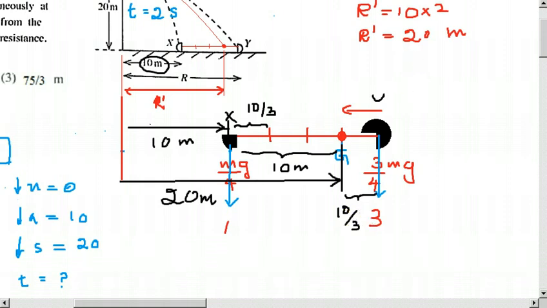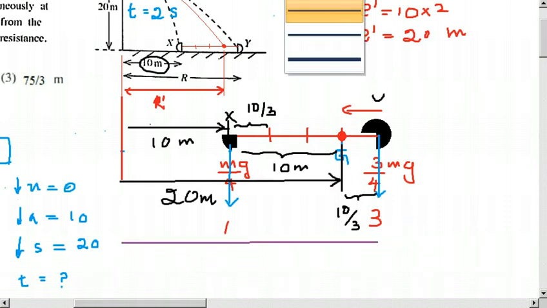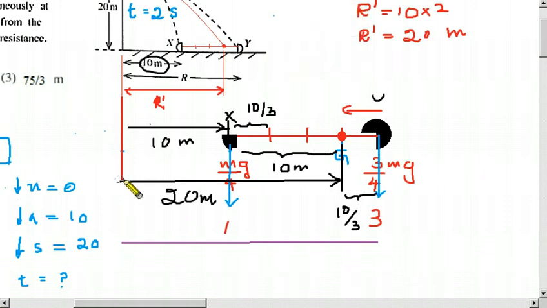What we have to find out is this distance, that is where the piece Y strikes the ground. So this distance is what we need.